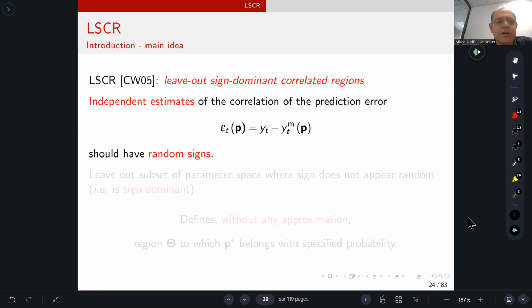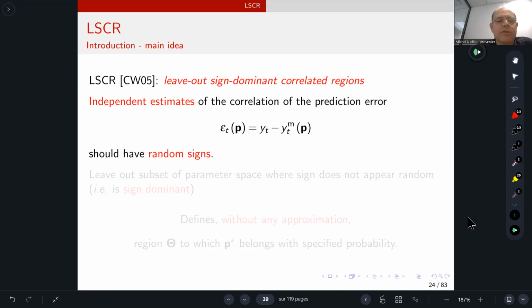Intuitively, the error should not always have the same sign. If you consider a value of the estimate p such that the epsilon of p all have the same sign, then if you evaluate the correlation among the prediction errors, you will have something which is positive.